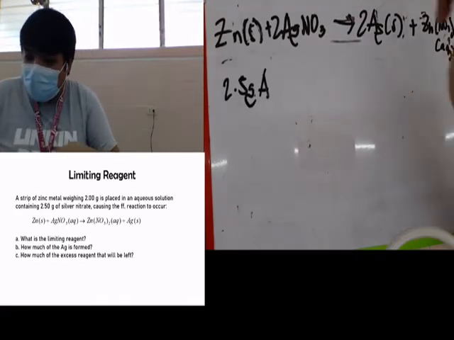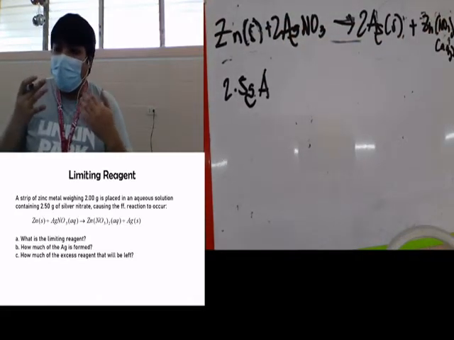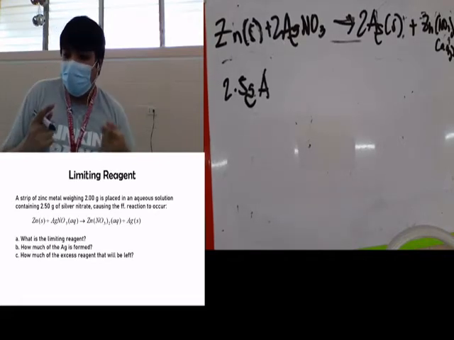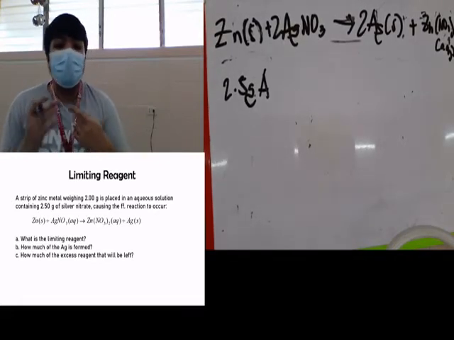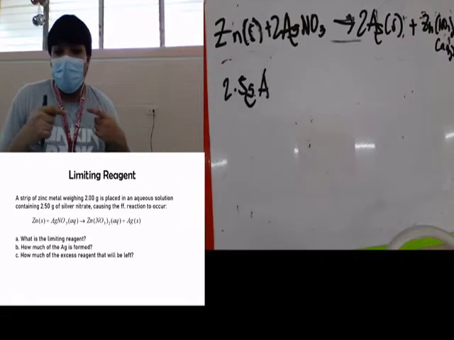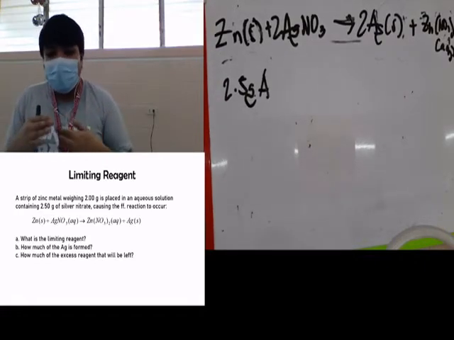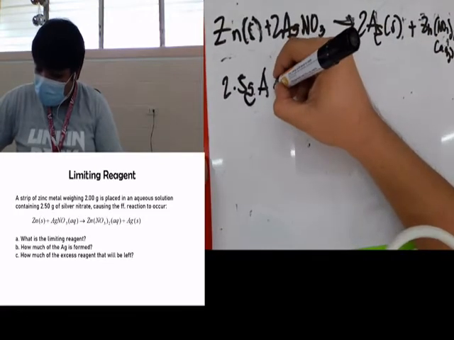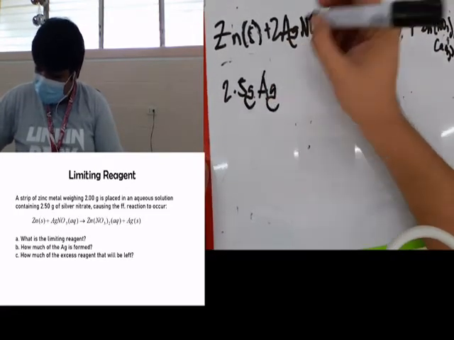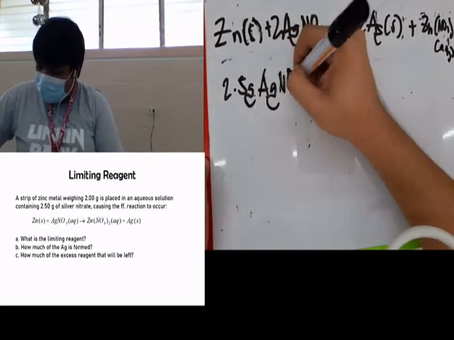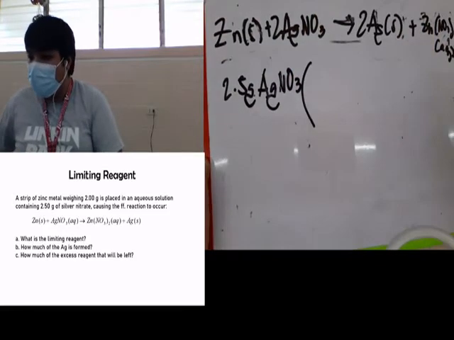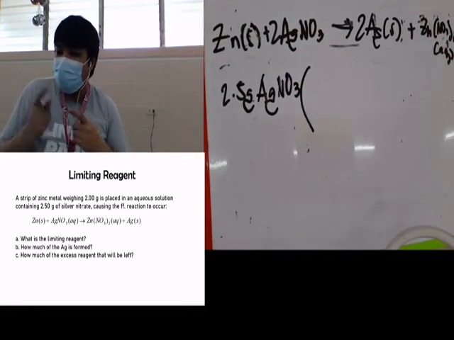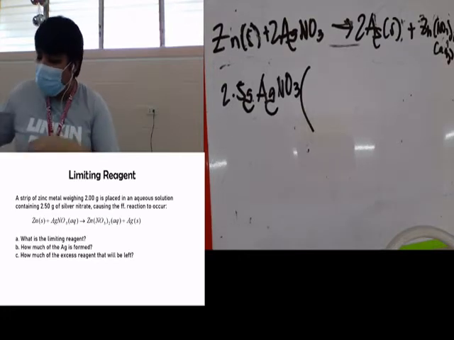So siya lang na ang makahatag kung pila man gid ang amounts of not only the silver but also of the other product, which is zinc nitrate, that will be formed. Okay, so silver nitrate.